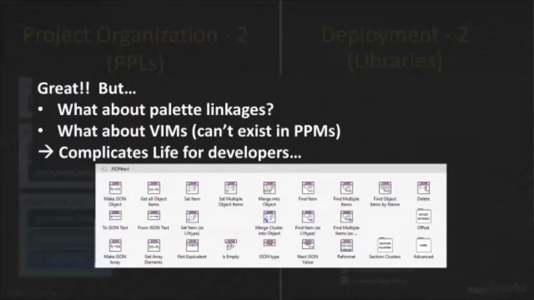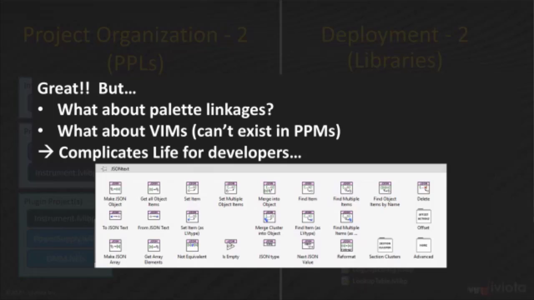And this works. You end up with another problem though, particularly with fairly mature reuse libraries deployed through VIPM. If all of your palettes were built inside of VIPM, what happens? How do you continue to develop these applications or plugins when suddenly all of your linkages are no longer correct?